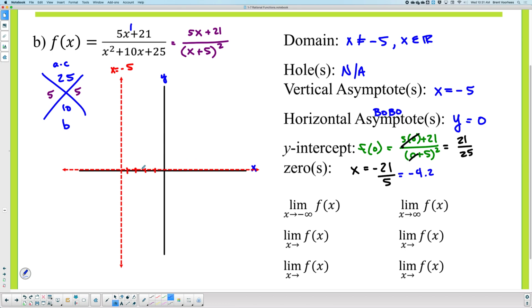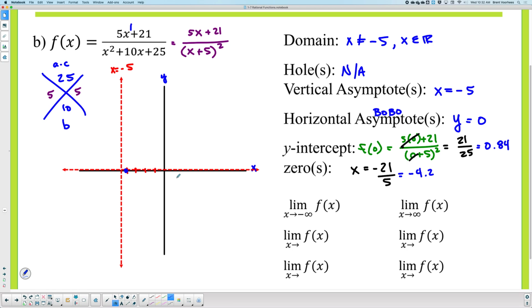So at negative 4.2, which is right in there, we're actually going to cross that axis. And we have a y-intercept at, which I think is 0.96. No? 0.84?